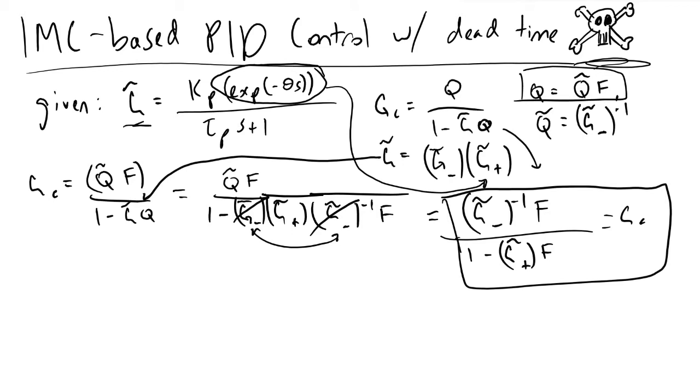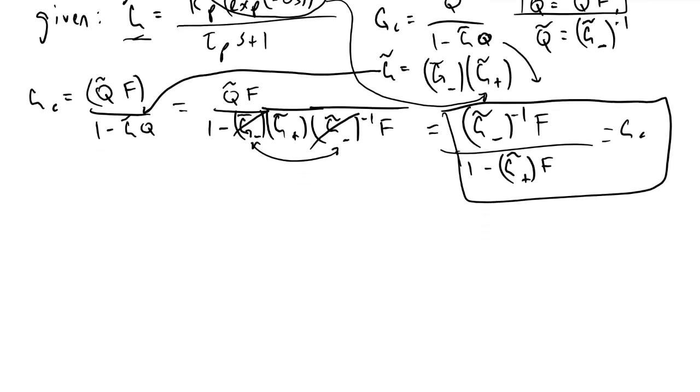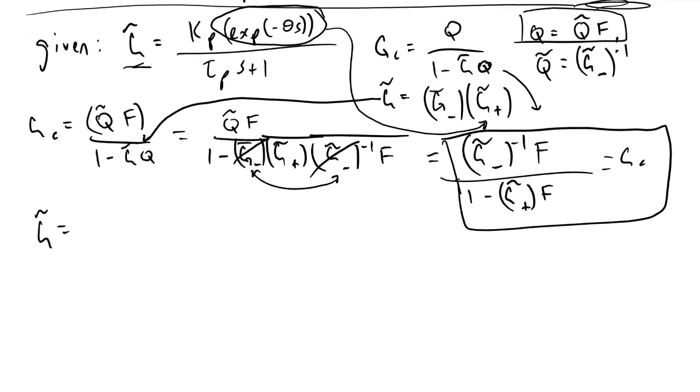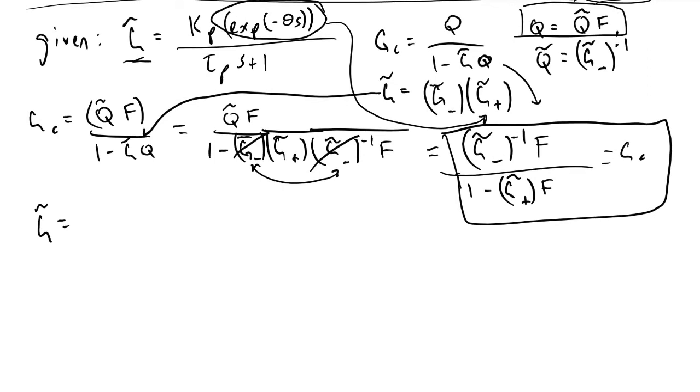And so now that we've done that, we can move on and begin more closely analyzing the given model that we're working with. And so what we're going to say is G tilde, as we've defined up here, was equal to Kp times the exponent of minus theta s over tau p s plus 1.